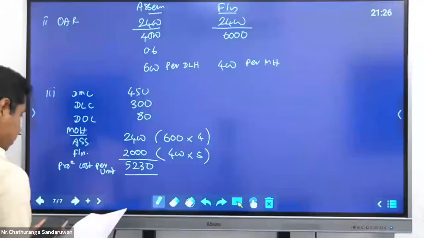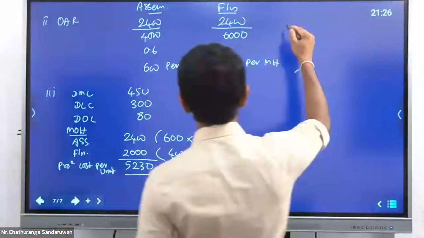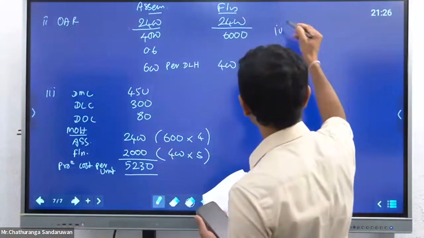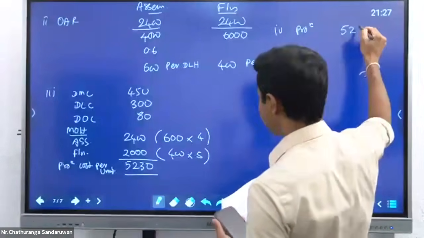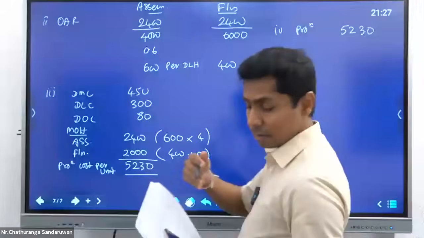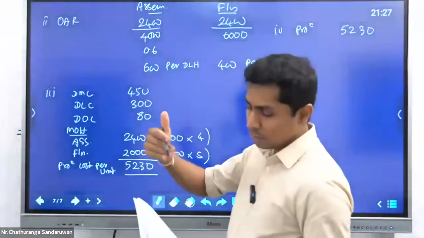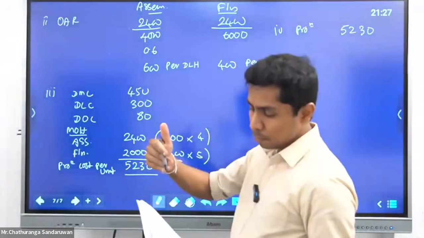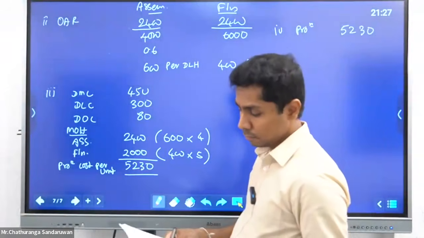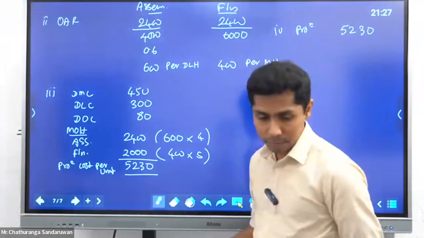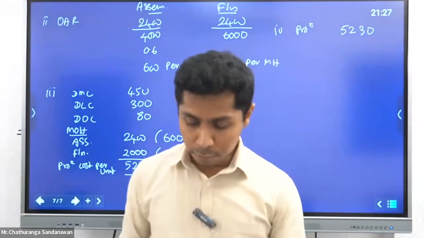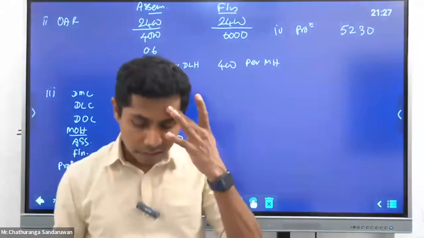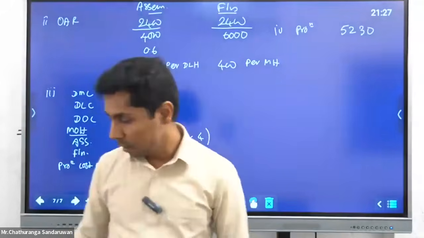Then the selling price, fourth requirement. Production cost is 5230. They say the selling price is determined by adding a 20% profit margin on total cost, right? Profit margin on total cost. Now Lamai, that wording is actually incorrect, it should be profit markup.